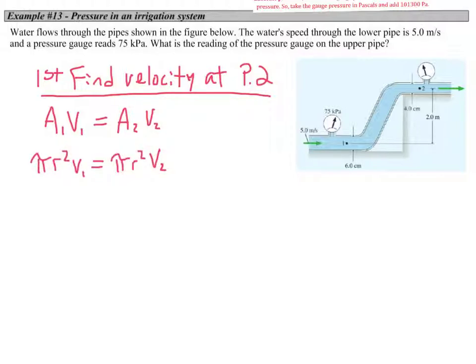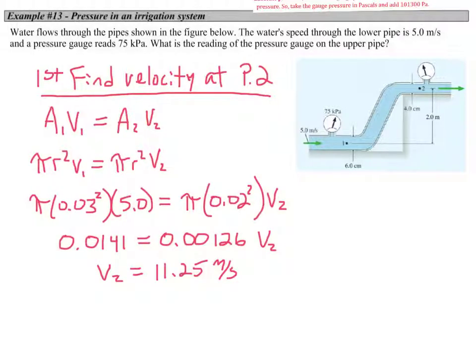So the equation becomes this. We have to remember to convert any centimeters into meters, and then we can substitute in our values and solve, and we end up with a velocity of 11.25 meters per second here at point 2. We should expect an increase in velocity at that point because we have our pipe constricted at that point.